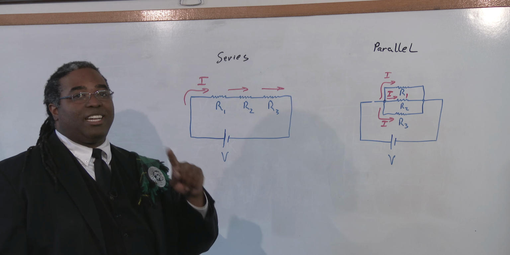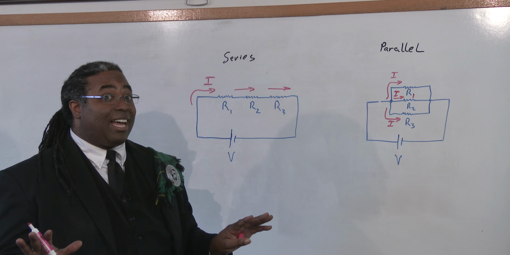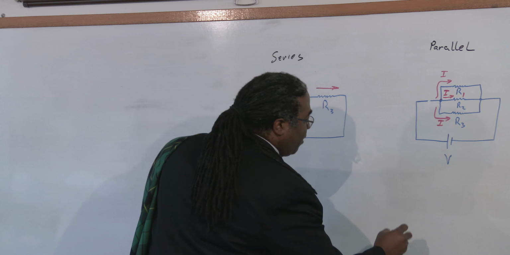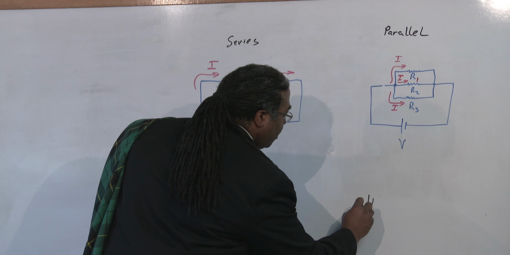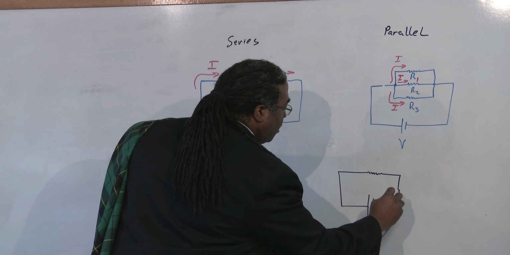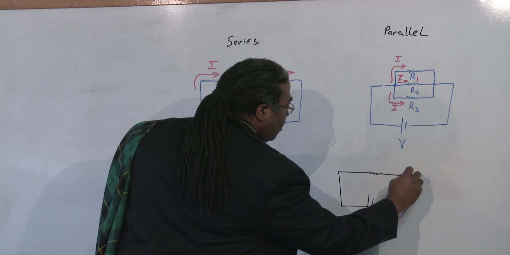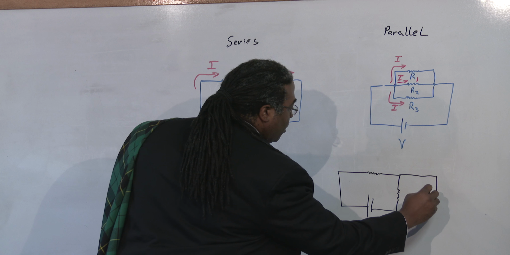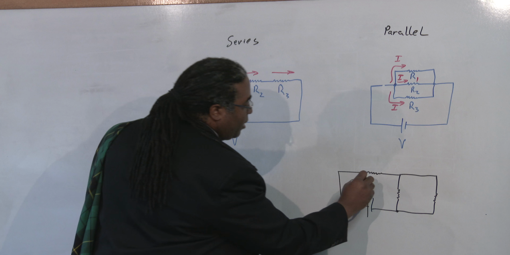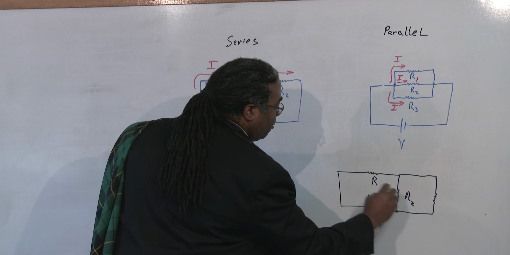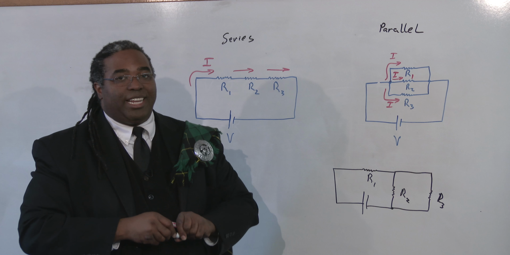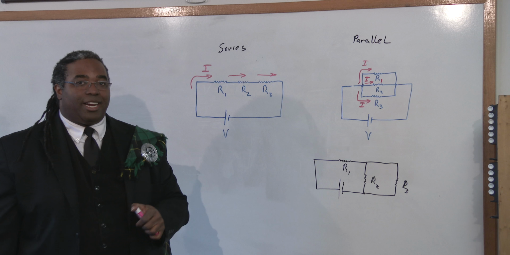Now, just because the current has options doesn't imply that it's in parallel. Let me give you a quick example. If I drew this circuit, notice if this is R1 and this is R2 and that's R3, R1 and R2 are neither in series with each other, nor are they in parallel.